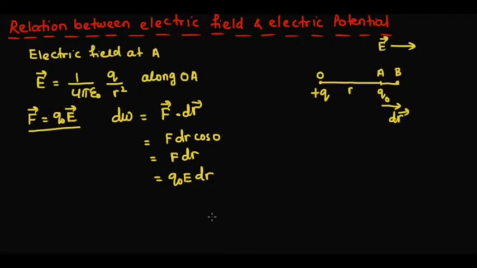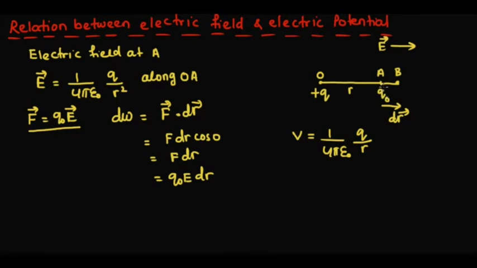Now students, tell me what is the formula for the potential due to a point charge. We know that electric potential at a distance r from a point charge is given by V equal to 1 by 4 pi epsilon naught q by r. Is that clear? For a positive charge electric potential is positive, and for a negative charge the potential is negative.